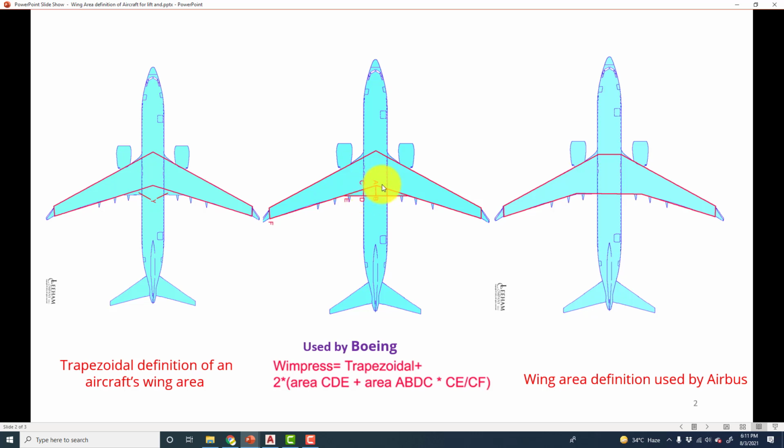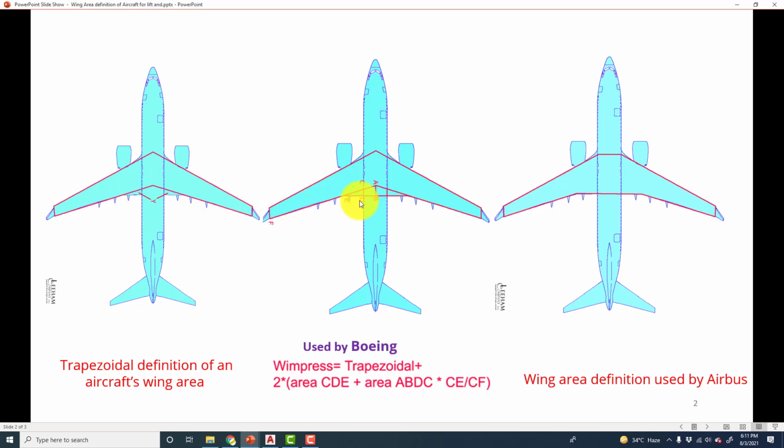Just take this area and multiply it by the length of this wing from the fuselage starting, from one side of the fuselage up to this point E, where we have the straight part of the wing, and then from this point we have some angular twist or sweep up to the point F.